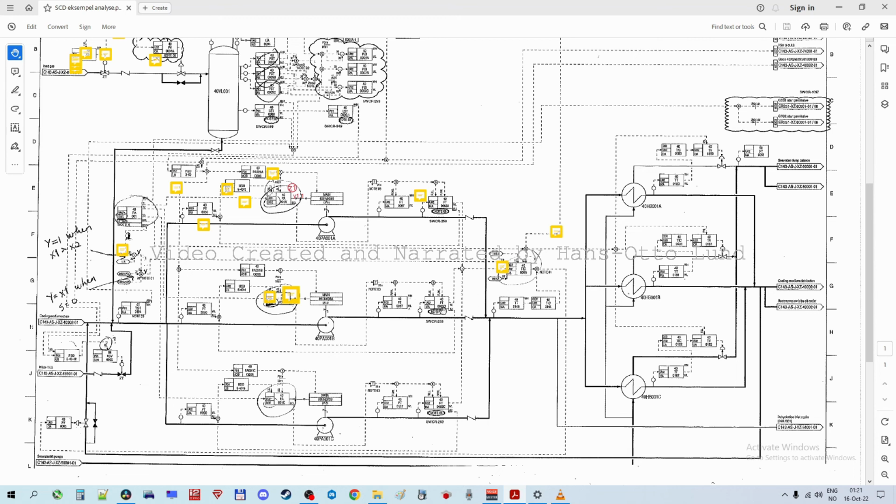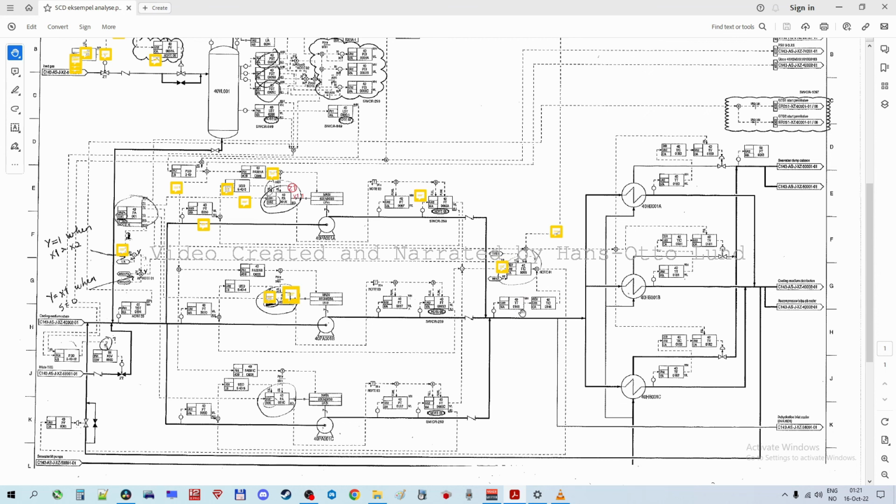It senses the flow on the lines here, and it also senses the temperature of the line. And what it does is that it selects the highest value of the flow and the temperature.